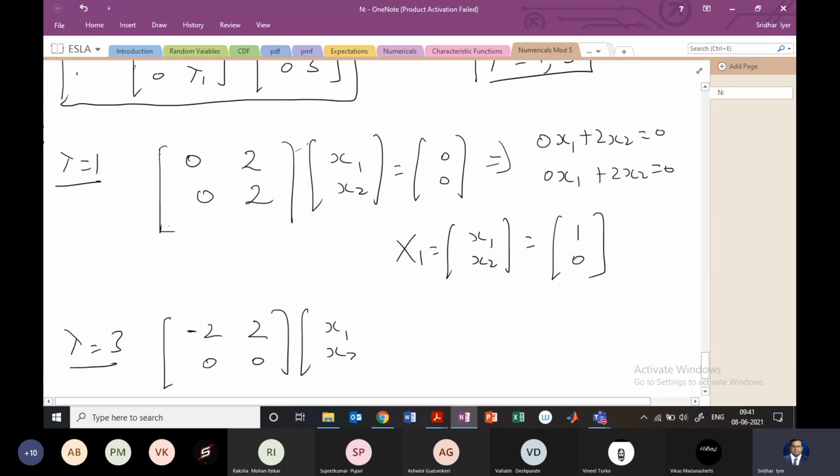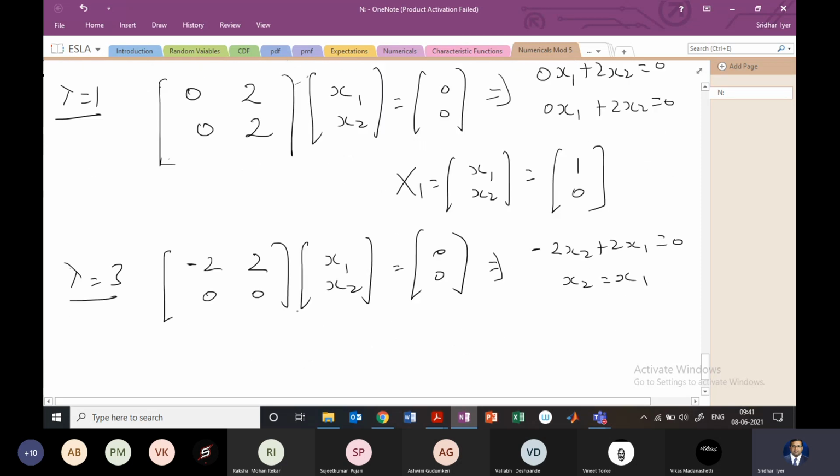Then you have x1, x2 equal to 0 and 0. From here the equation that we get is minus 2x1 plus 2x2 equal to 0, and the second equation is just 0, so that doesn't really matter. From this equation we get x2 equal to x1. Therefore the vector x2 is 1 and 1.